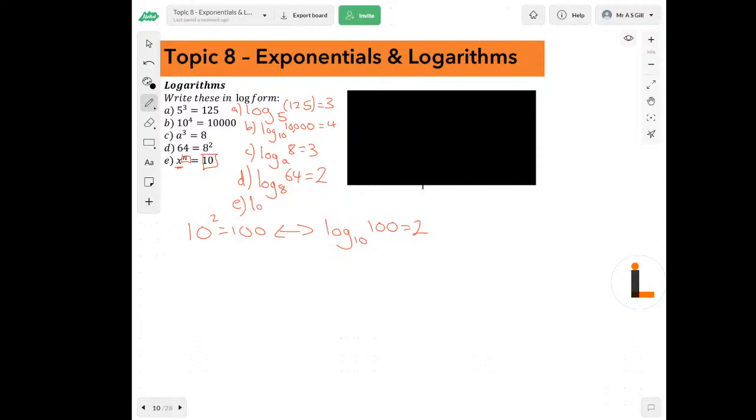So this is log base x of 10 equals our power. Okay, so you should see that throughout all of those. The common thing is how we're using our base numbers, and our index is always our outcome.